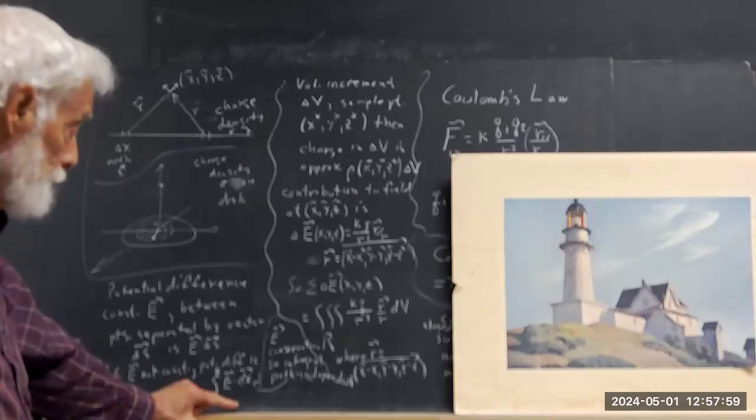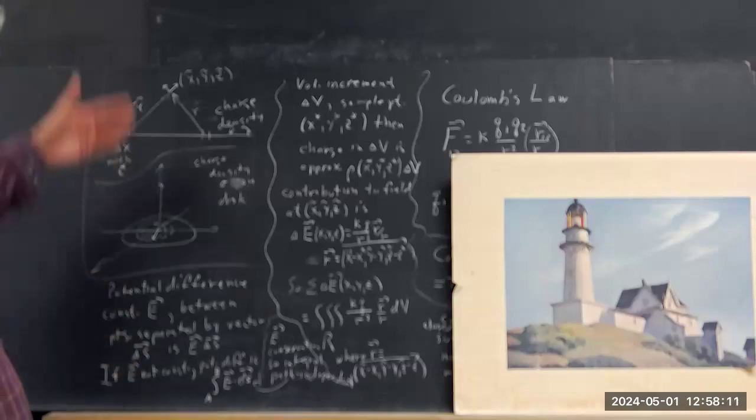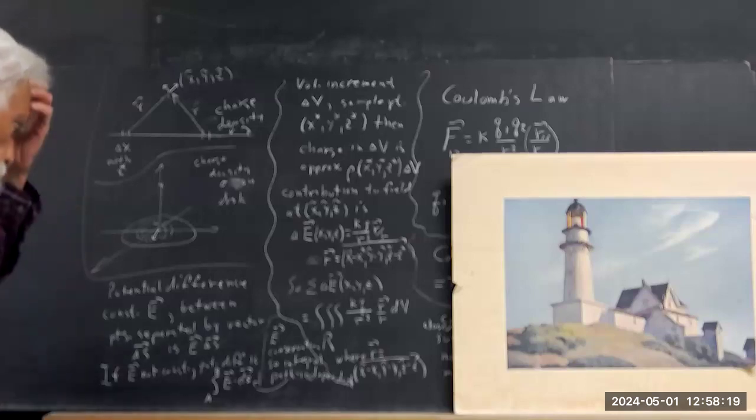So the curl of E is 0. It's path independent, which means it's conservative. It's the gradient of some other field, the gradient of your potential function.